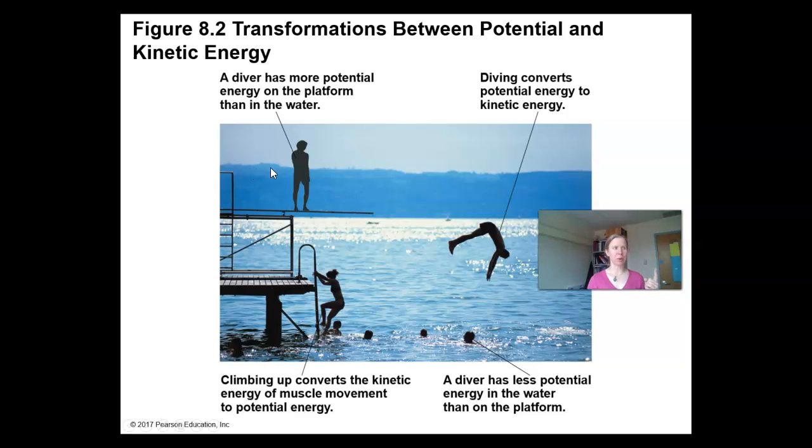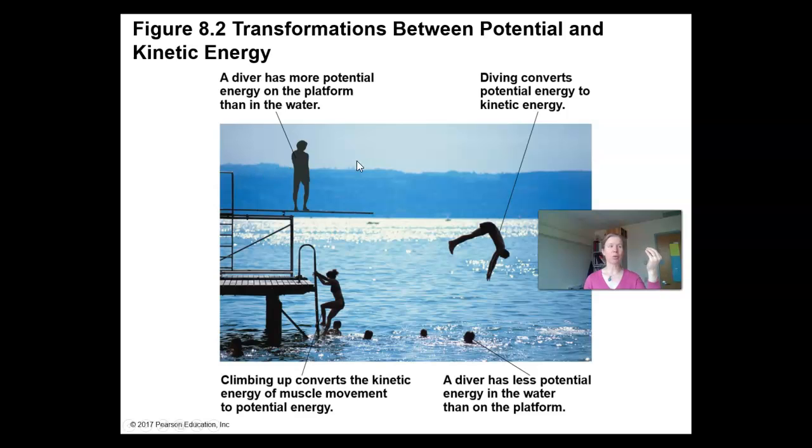Potential energy, that's where I was going to go with this guy. Potential energy is energy that matter possesses because of its location or structure. Chemical energy is a form of potential energy that we'll deal with a lot. So in this example, by climbing up these ladders, you're basically storing energy.